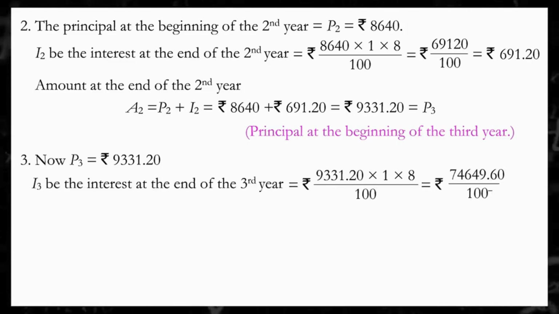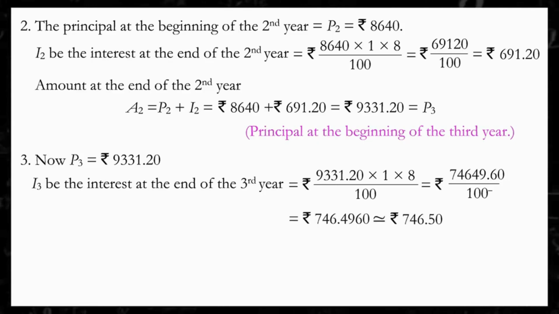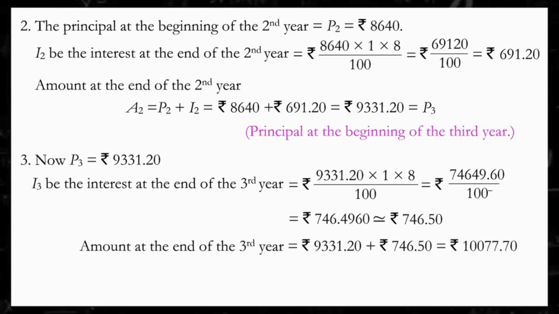I3, the interest at the end of the third year, is equal to rupees 9,331.20 into 1 into 8 upon 100, which is equal to rupees 74,649.60 upon 100, which is equal to rupees 746.4960, approximately equal to rupees 746.50.